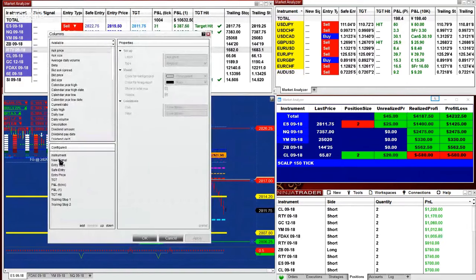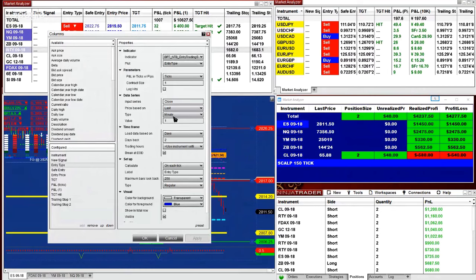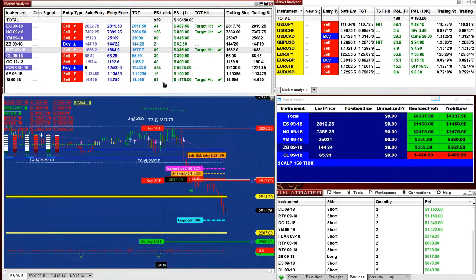There are the entry signals, and everything in here is based on 1 minute, folks, and on one contract size. So right now on this market analyzer, we have 989 ticks based on the last entry signal.